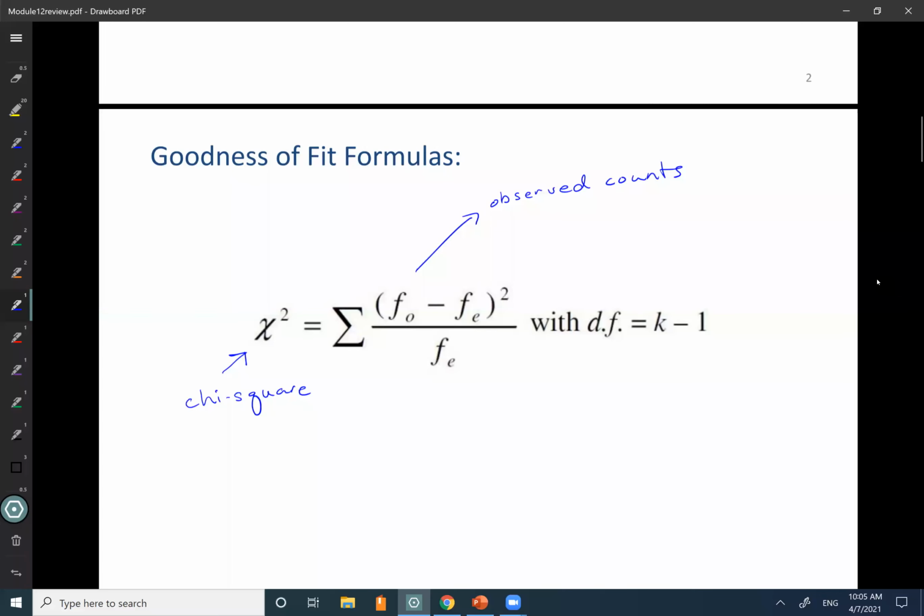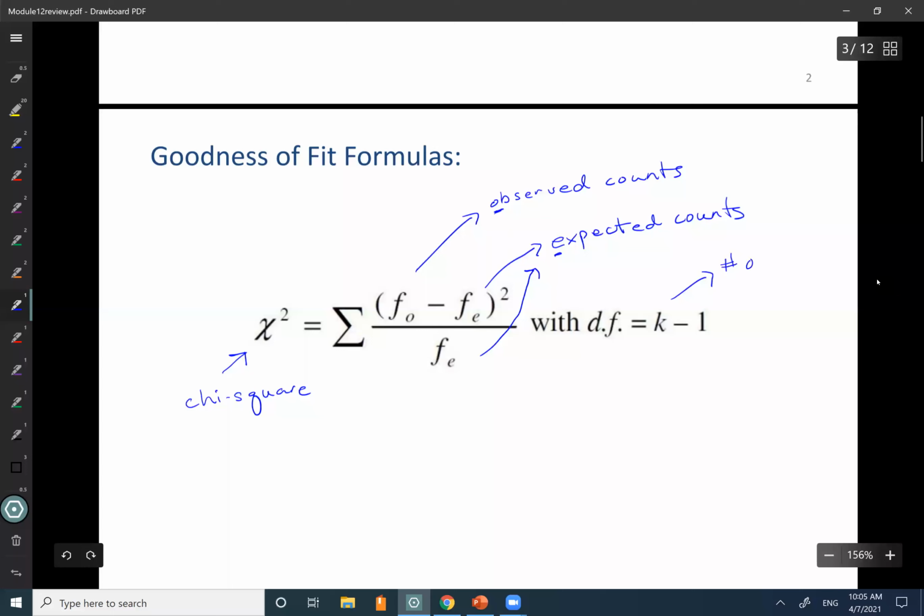This one has a subscript E, E for expected counts. The denominator is also the same value. You square the numerator, the difference, and then we use degrees of freedom because it's a chi-square distribution. This K is the number of categories.